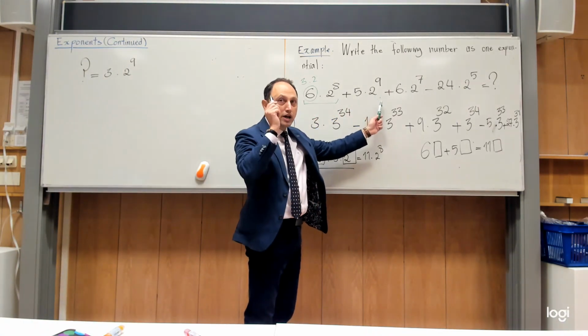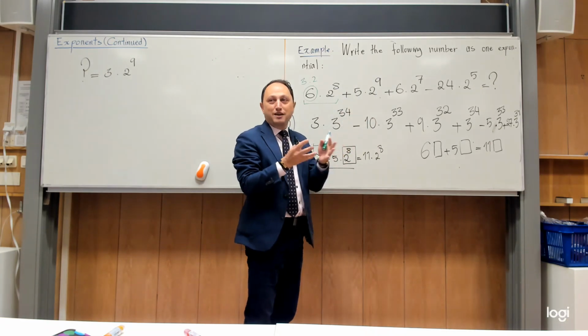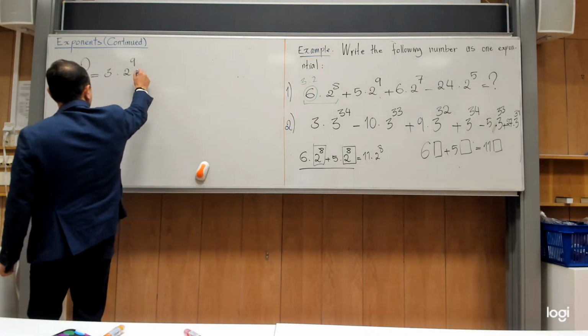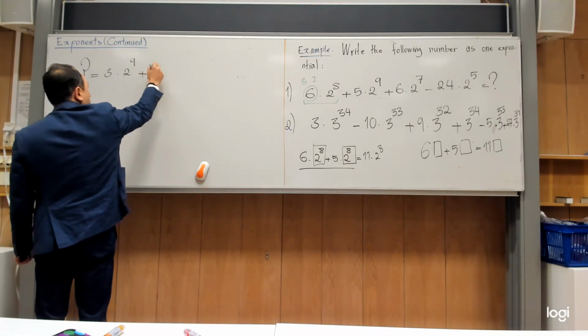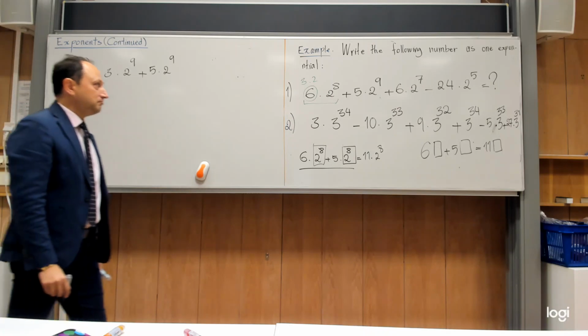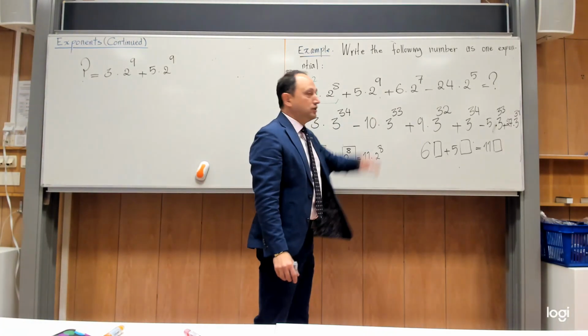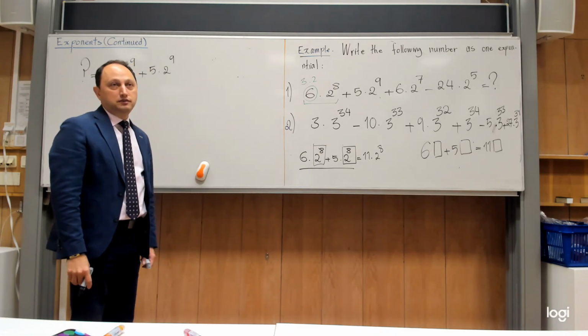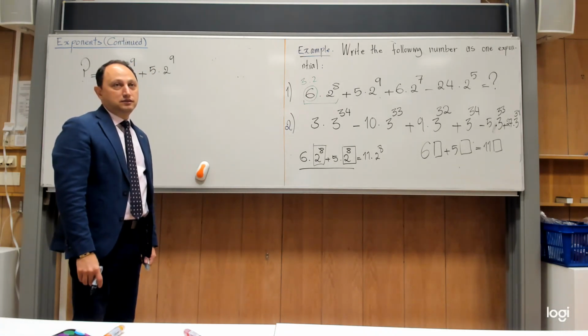No, because my strategy is to make them the same package. This is already 2 to the 9. So why should I change it? I just copy and paste it. You see, if you know what you are doing, you can follow good strategies. Okay, so how can I continue now? How should I continue for the second, and for the third one? Then you can also divide up the 6.